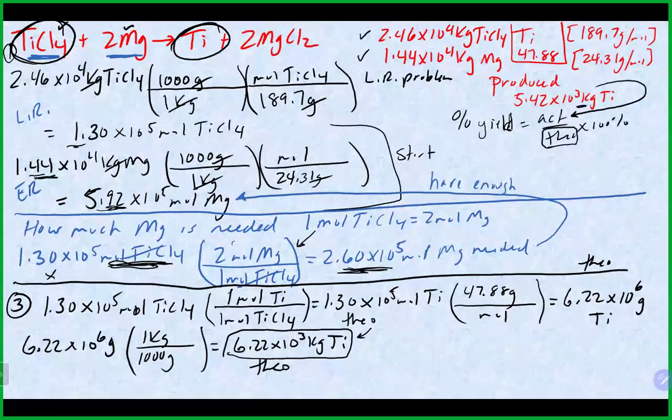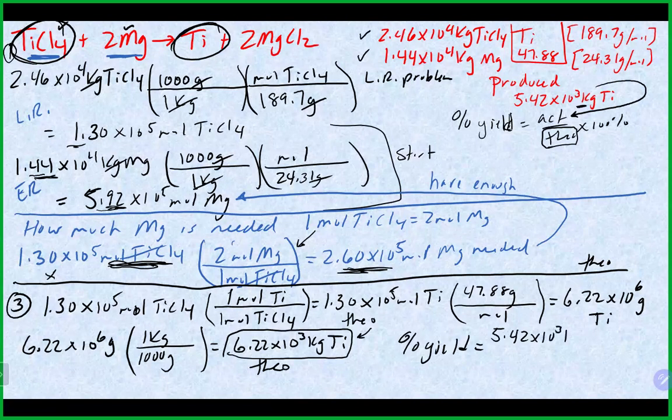Okay. So this is your theoretical yield. We do have our actual yield, and they're both in the same units, so that's going to allow you to calculate the percent yield. We'll take the actual, which was given to us, 5.42 times 10 to the 3 kilograms, divide it by the theoretical, and multiply by 100%.